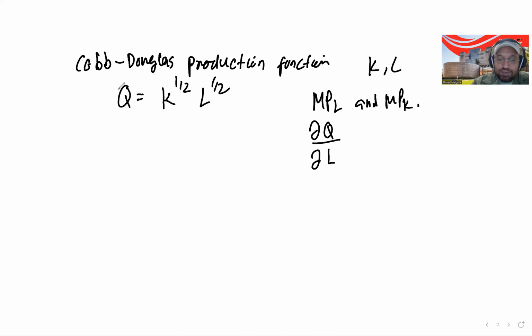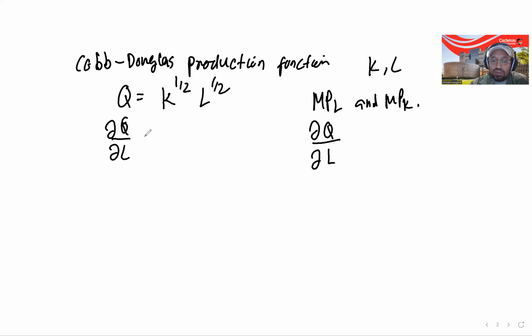Economically speaking, this is the rate of change. Delta Q over delta L is the rate of change of Q. And what does this tell you?